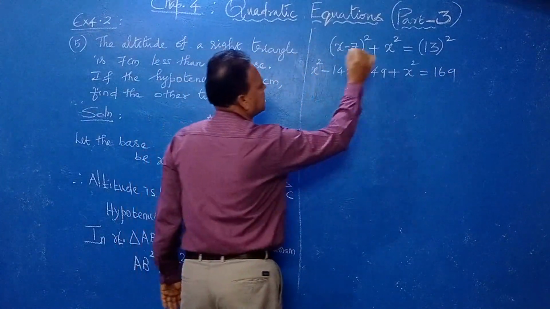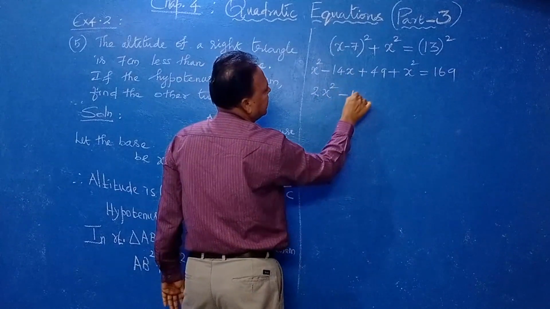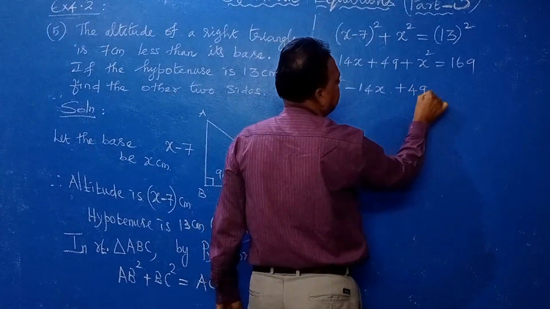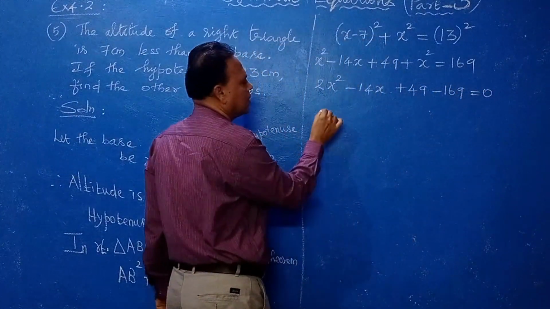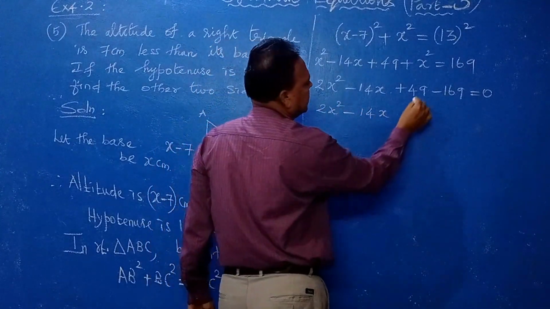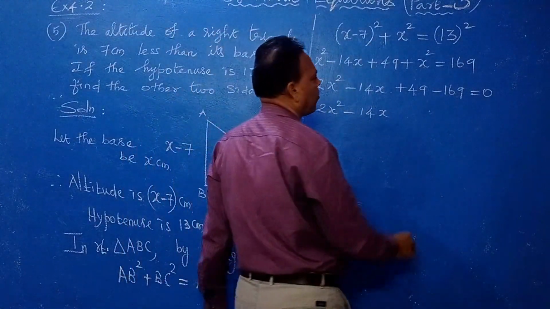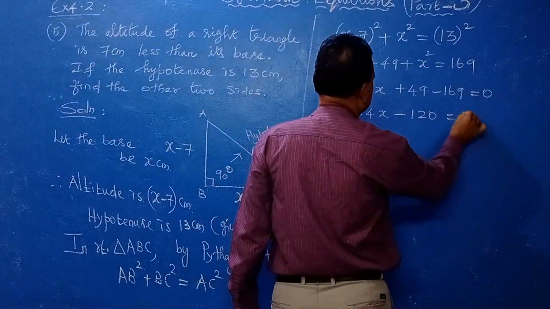Now x squared plus x squared, 2x squared minus 14x plus 49 minus 169 equal to 0. Therefore 2x squared minus 14x, here you subtract, how much it will be? Minus 120 equal to 0.